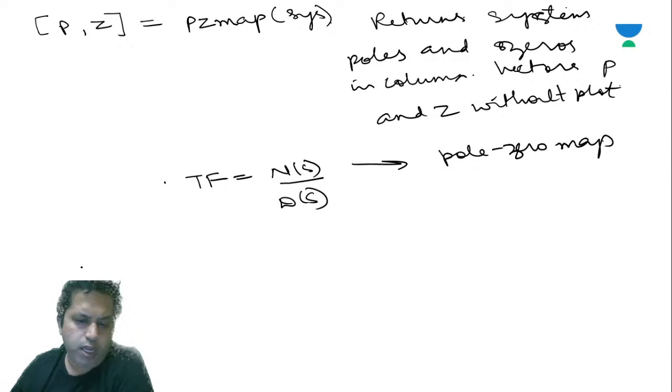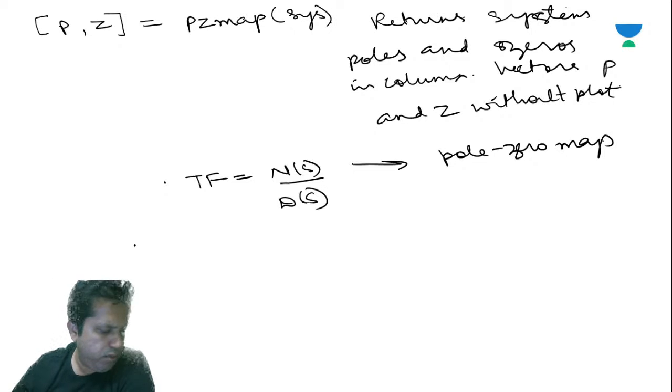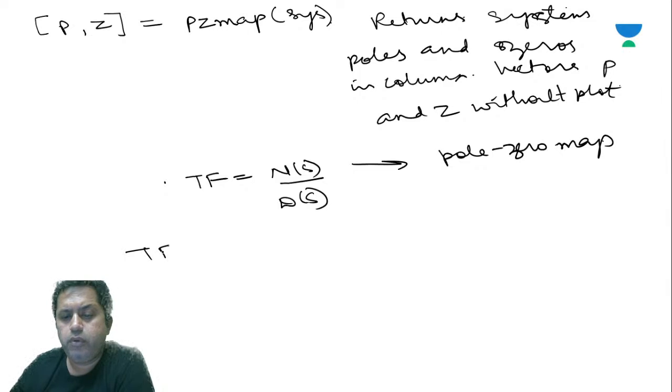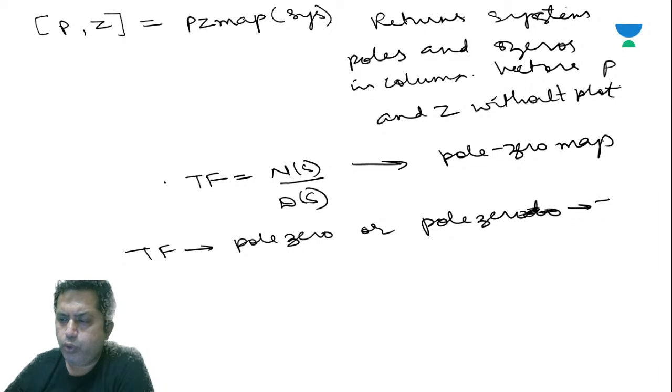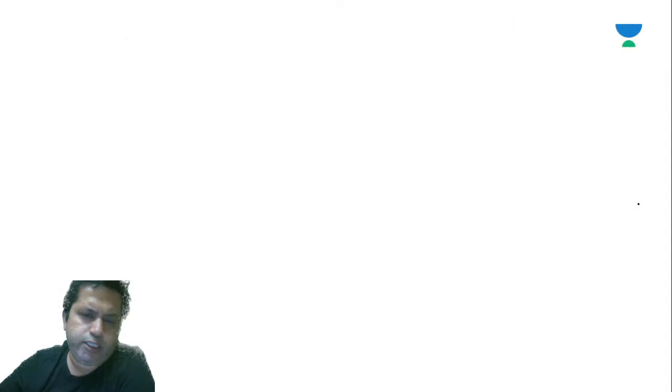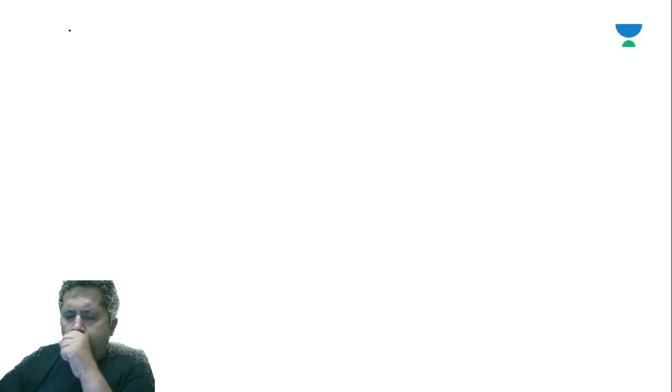So there is a need to convert transfer function to zero pole, or zero pole to transfer function. Let us see the command.